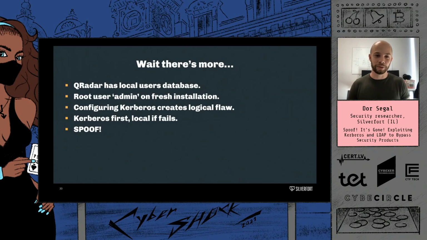It usually doesn't, because who has the user admin on their domain controller? However, if the user exists, the local database and the Kerberos on the Active Directory merge, and this user gains root permissions to the Curator. This is very useful because we can spoof it, and we don't need to actually know which users exist in the Active Directory to exploit the Curator.